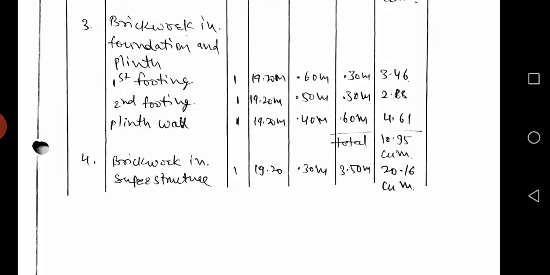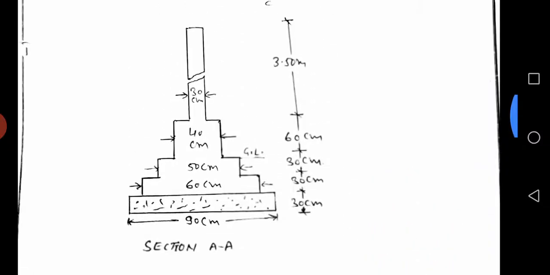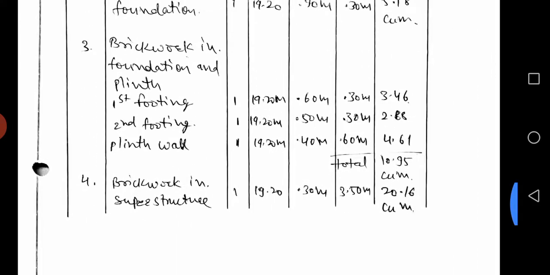Then we multiply all length, width and height, that is 2.88 cubic meter. Then the plinth wall: number 1, 19.2 meter length, 0.4 width as given in the cross section, and 60 centimeter height or depth, so 0.6 meter. Multiplying length, width, height and number, that is 4.61 cubic meter. Then we add all brickwork, first footing, second footing and plinth wall, that is 10.95 cubic meter. So the brickwork in foundation and plinth is 10.95 cubic meter.